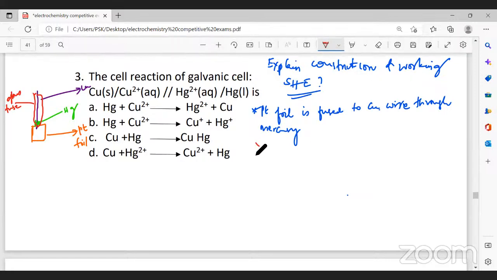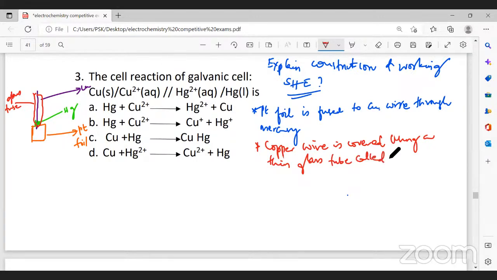Maybe we can write the second point. Copper wire is covered using a thin glass tube called the inner glass tube.